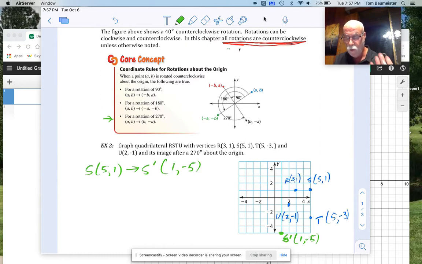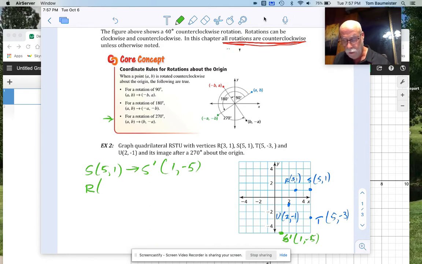So if I did the (3, 1), so let's just go ahead and, again, if you can see the rotation, take a piece of graph paper and do that. If not, use the rules there.